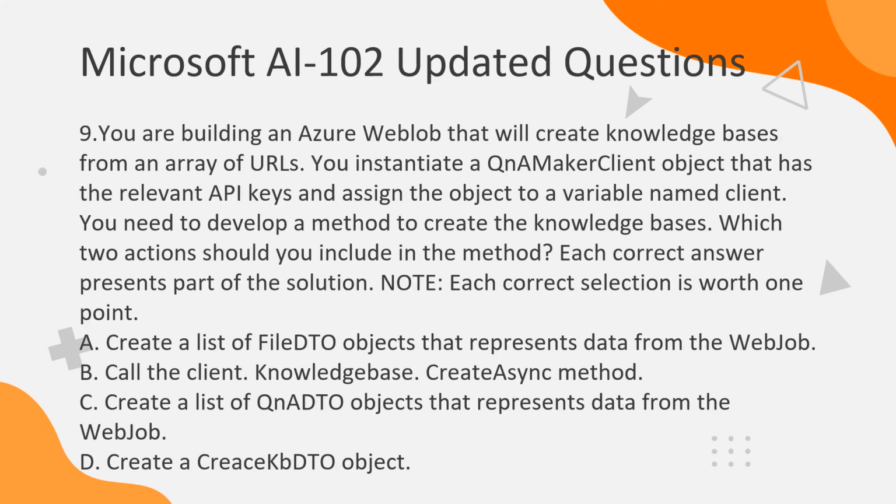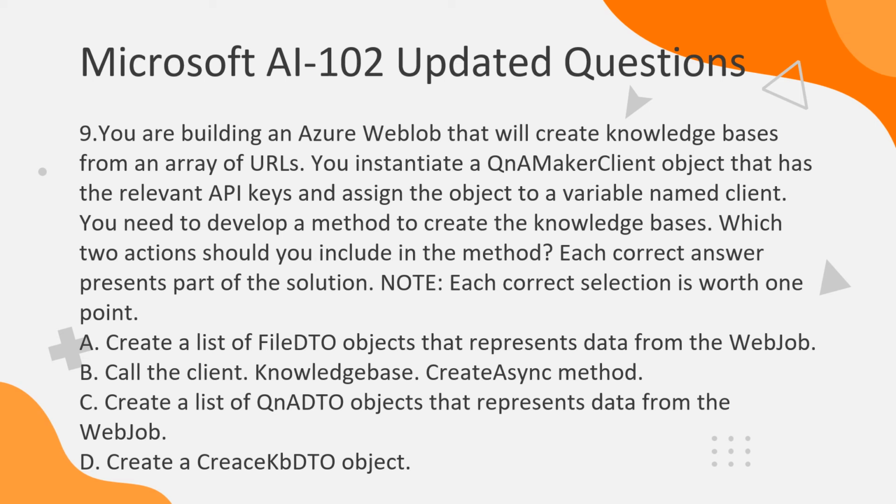9. You are building an Azure WebJob that will create knowledge bases from an array of URLs. You instantiate a QnAMakerClient object that has the relevant API keys and assign the object to a variable named client. You need to develop a method to create the knowledge bases. Which two actions should you include in the method? Each correct answer presents part of the solution.